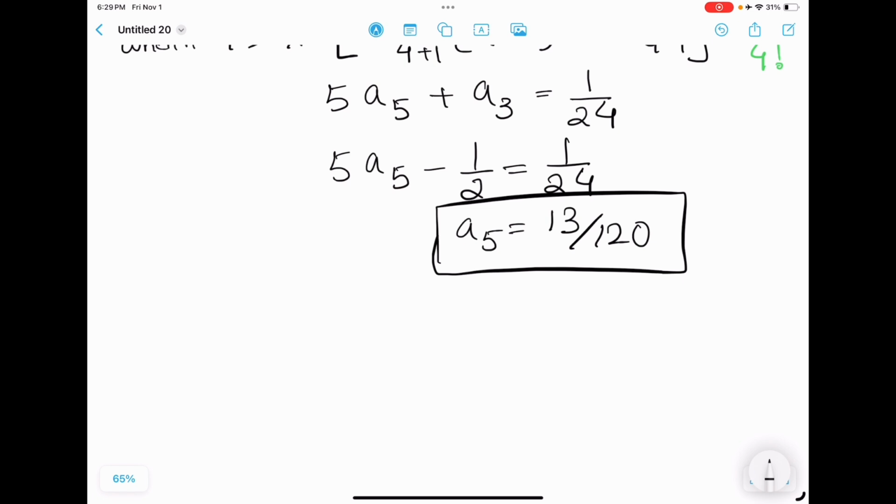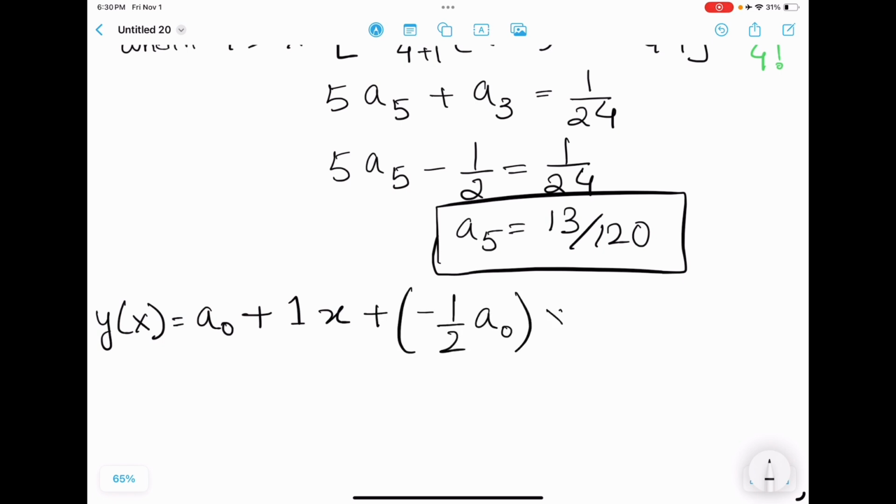So now we can write our solution. Our solution would look like a sub 0, again, this is an arbitrary number. And then I have my a sub 1, which is 1. Then can't forget the power of my x. And then plus my a sub 2, which is negative half a sub 0. So I have negative half a sub 0 x squared.